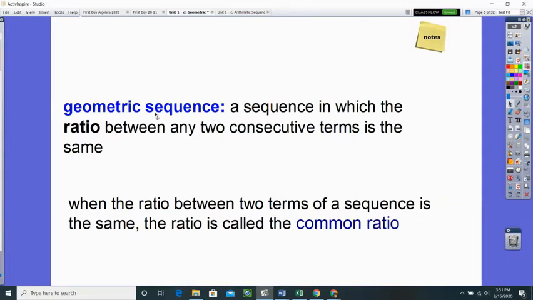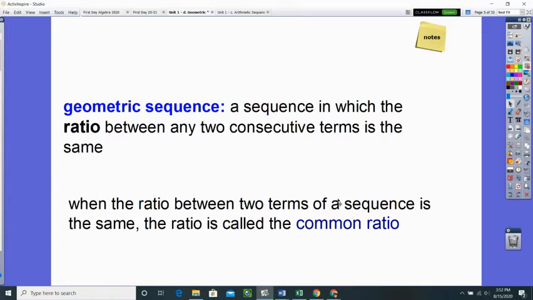So in a geometric sequence, we have something called a common ratio, and basically it is the number that you are multiplying by from one term to the next. If you notice that it's division, like the sequence is going down, like the arithmetic was subtracting, you're still going to talk about it from the multiplication side of things, but instead of saying divided by 2, you would say multiplying by 1/2.